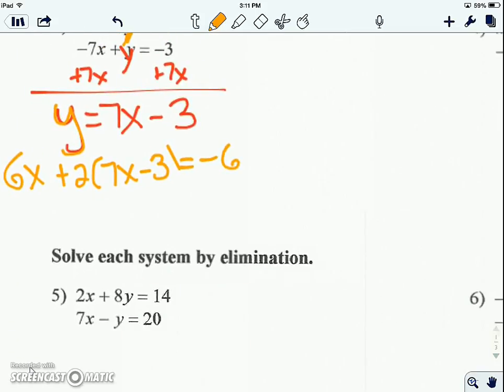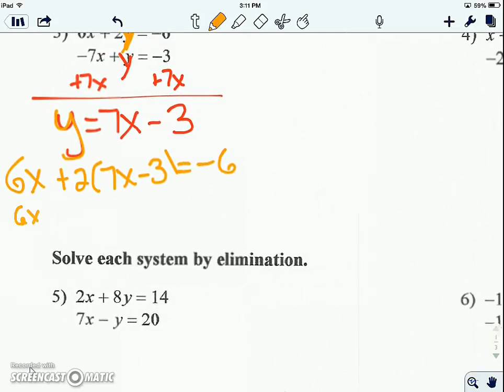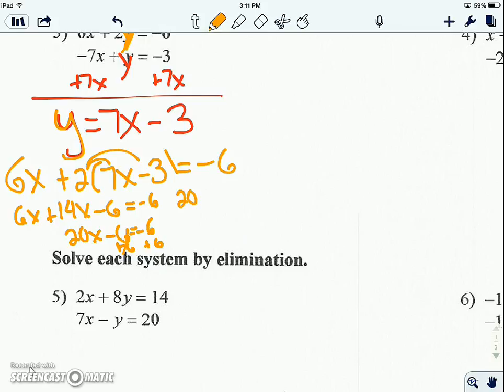If I were to solve, I would get 6x plus 14x minus 6 equals negative 6. Okay, combine like terms, and that's 20x minus 6 equals negative 6. Add 6 to both sides, and I get 20x equals 0. Divide by 20, and x equals 0.